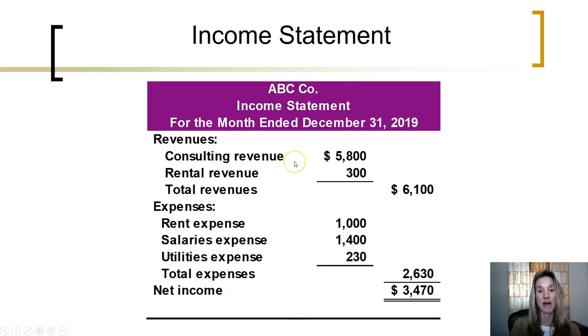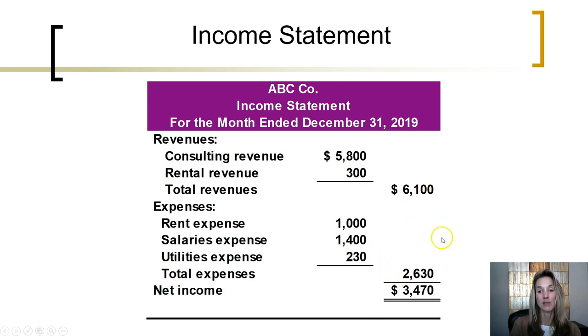We would take the balances out of the general ledger for the revenue accounts, totaling $6,100 of revenues earned. We would subtract out the total dollar amount of expenses, each type of expense account balance, total expenses.